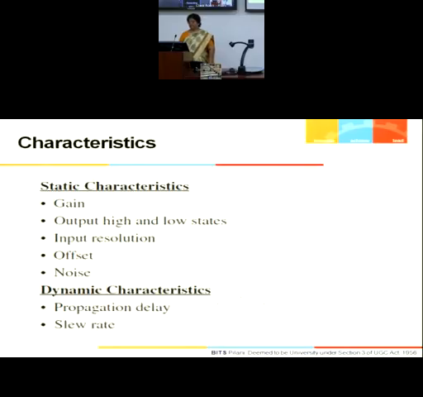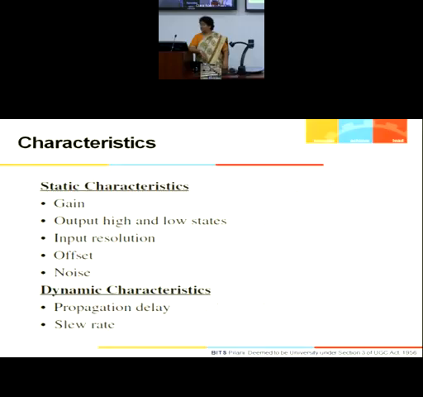So let us start understanding. For any comparator design, what parameters will be critical to me under static conditions? Gain, output high and output low states. How much should the output high be? What is my VOL, what is my VOH? Input resolution: what's the minimum difference between the two input terminals which can be resolved?